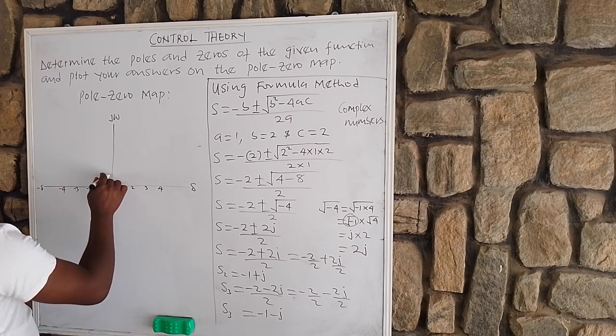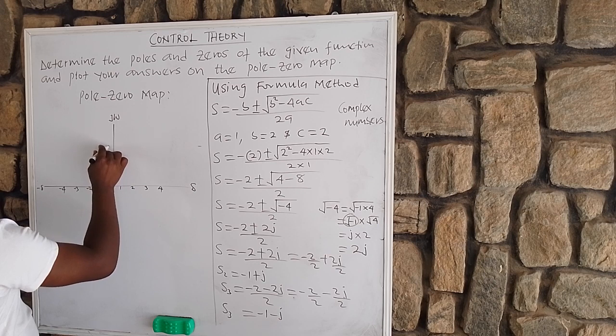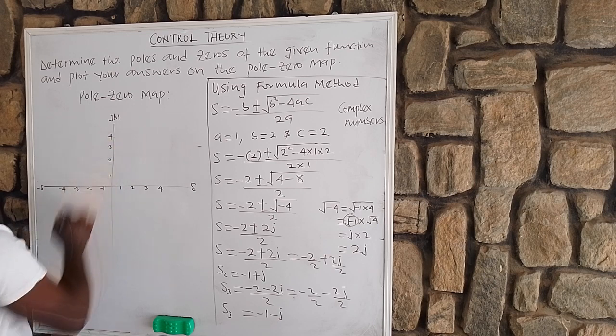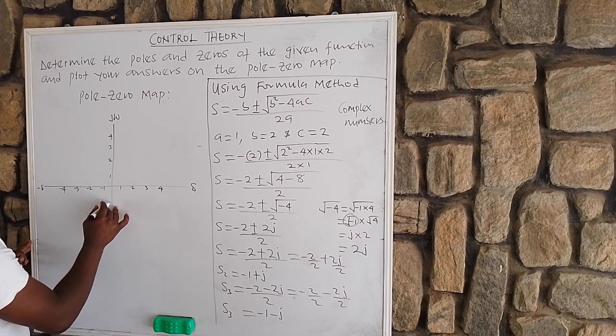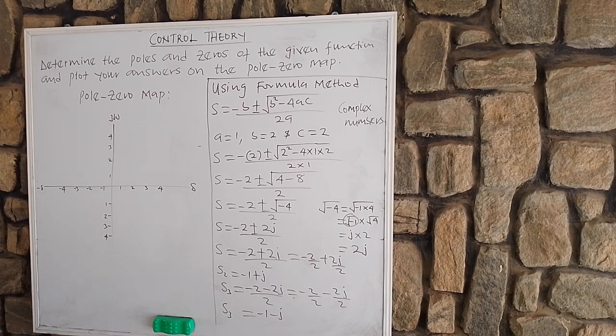Then this is 1, 2, 3, and 4, and minus 1, minus 2, minus 3, and minus 4.